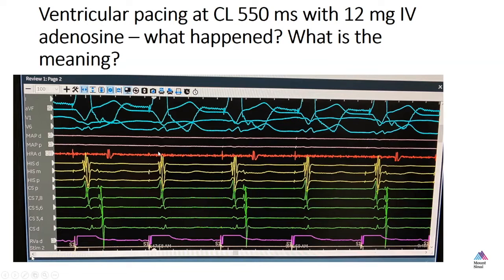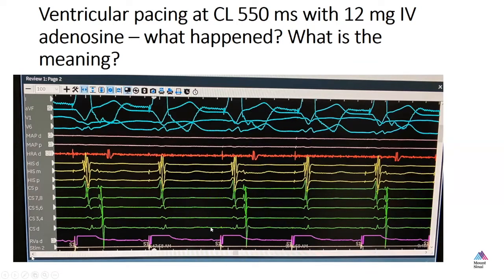And then what happens on the next beat, Tulsi? There is no VA. Right, all we see is V capture, but no A. And then what happens on the next beat? There is again VA conduction. And then no VA conduction in that beat that you're pointing to.